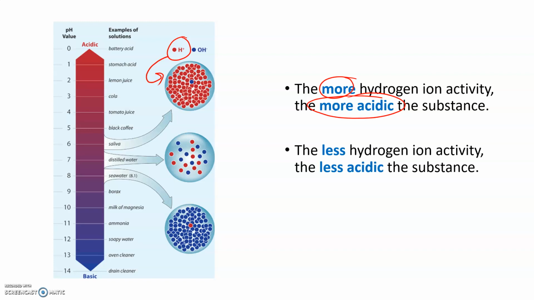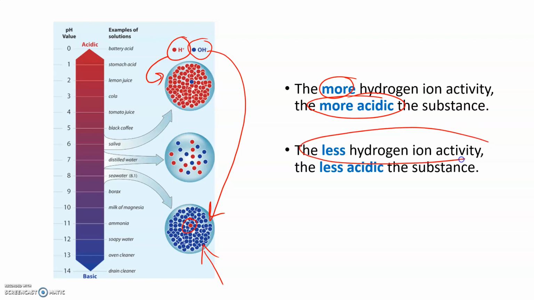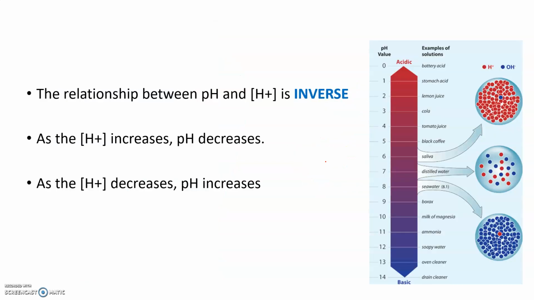The more and more basic a substance is, the greater the hydroxide ion concentration. So you'll see here in this basic substance, there's little to no hydrogen ions. Okay, so the more acidic the substance, the more H pluses are present. The less hydrogen ion activity, the less acidic the substance.